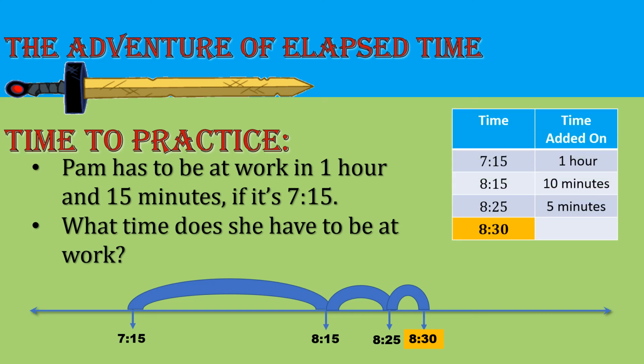We can also do this on a chart or a table. In this case, our start time is 7:15. We add an hour, that would place us at 8:15 in our chart. Add 10 more minutes, which would place us at 8:25, and add 5 more minutes onto 8:25 to put us at 8:30.